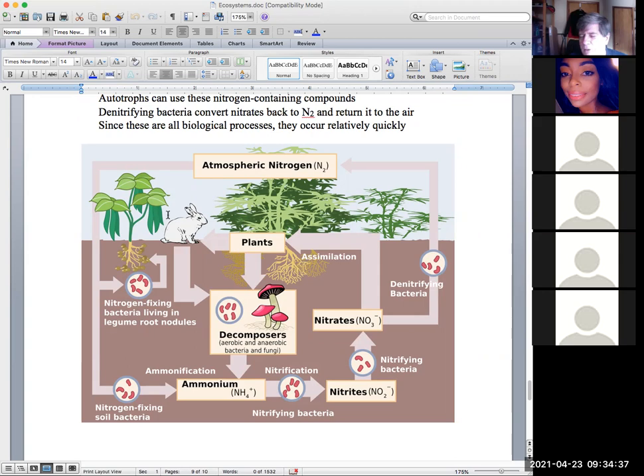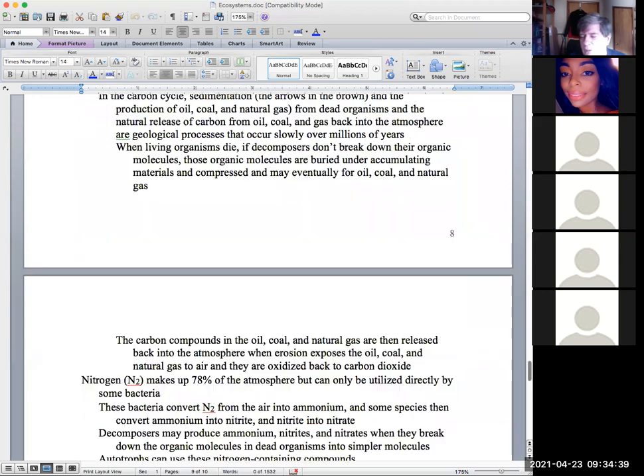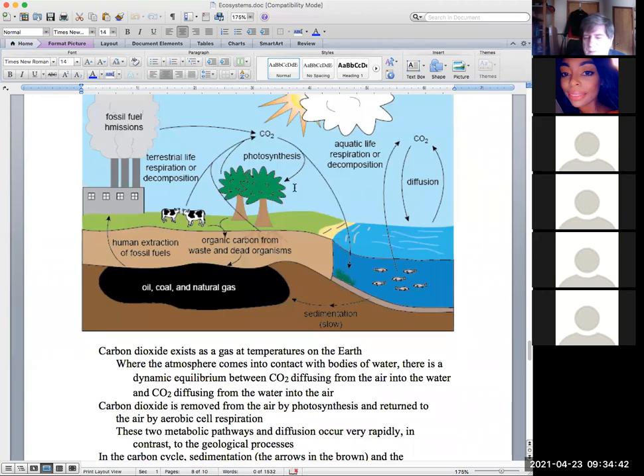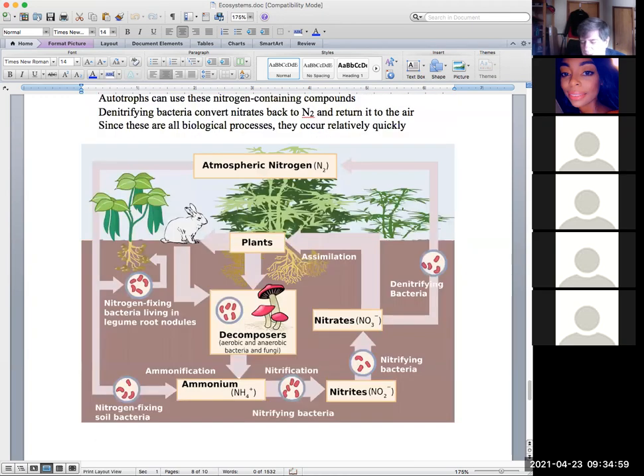So if we go back for a moment to the carbon cycle, when plants take carbon dioxide out of the air and use it to make organic compounds in photosynthesis, this is called carbon fixation. So this refers to changing a gas into either a liquid or a solid chemical.